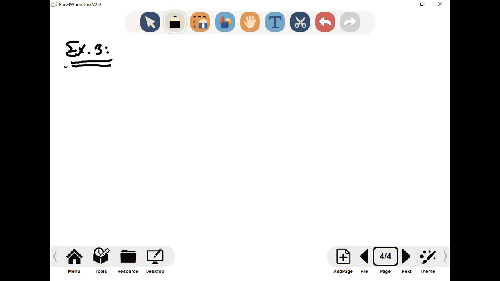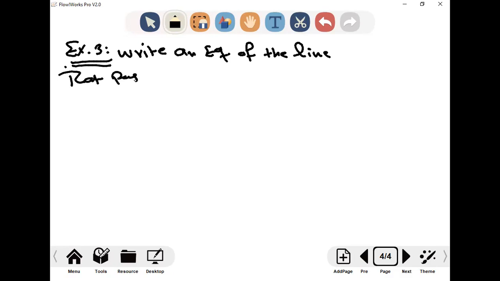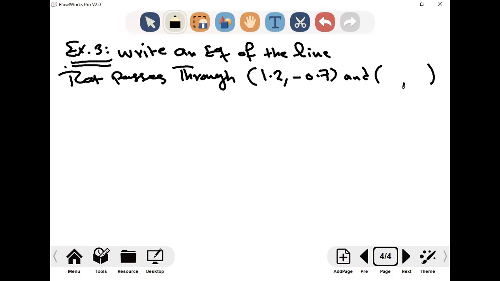Example 3. Write an equation given 2 points. Write an equation of the line that passes through the 2 points (1.2, -0.7) and (-2.4, 1.6).